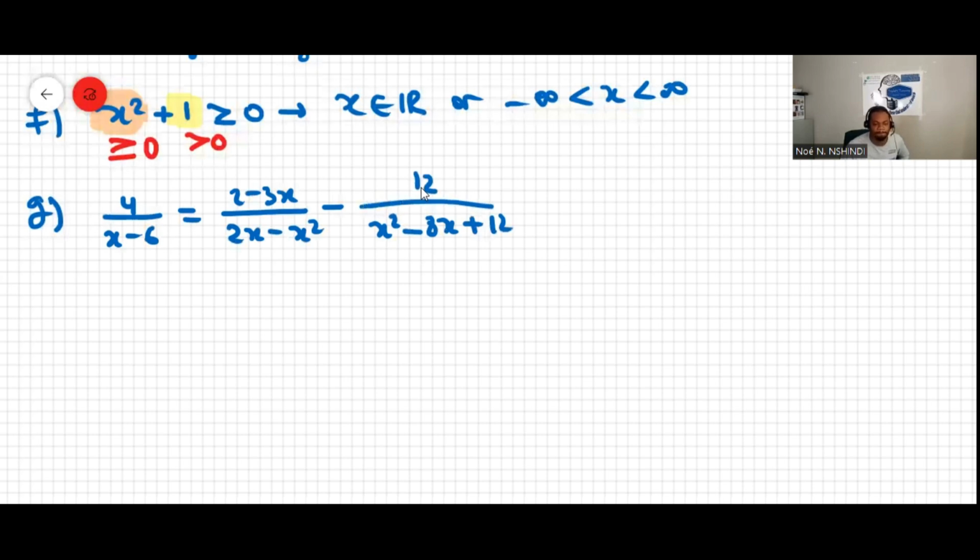The question says to correct to one decimal place. Now let's look at the denominators here. Maybe we can factorize. Yes, we can. Over here, in the denominator, we can take 2x as a common factor. And this is going to be not 2x, but only x as a common factor, okay?